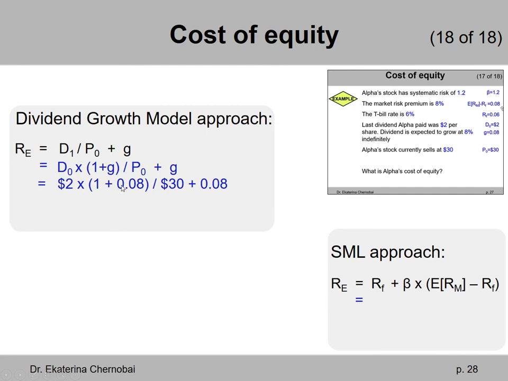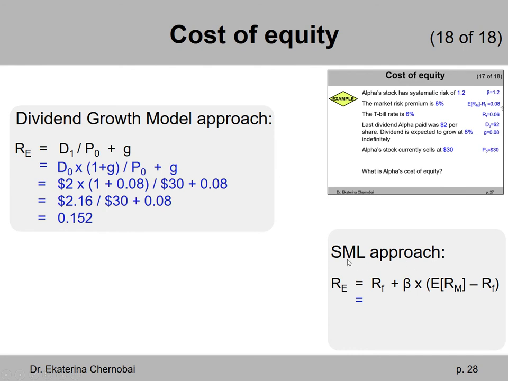Then we divide the result by $30, today's price. And then we add 0.08, the growth rate in dividends again. So we followed the formula, which says D1 over P0, and then we add g. This gives us 0.152, so 15.2% per year, the cost of equity to the firm.